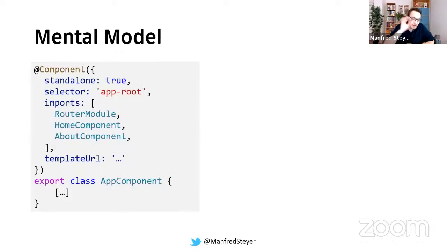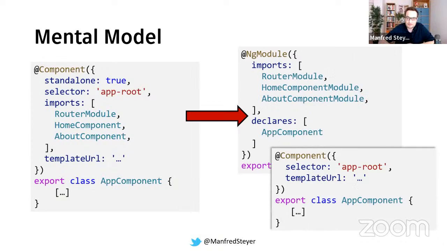That means if you have something like this here, you can switch this out in your thoughts for something like that. A module of its own, a module that only declares your very component. It imports the compilation context, other modules with other directives and components, and it points to your component in question. Here it's the app component.